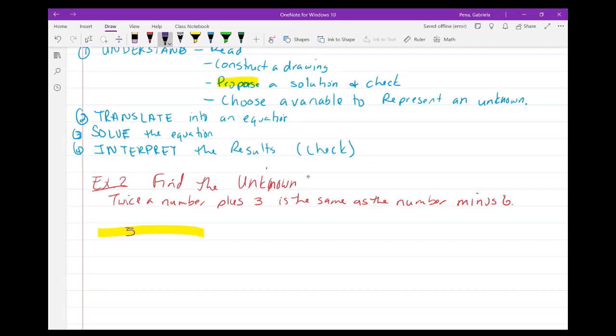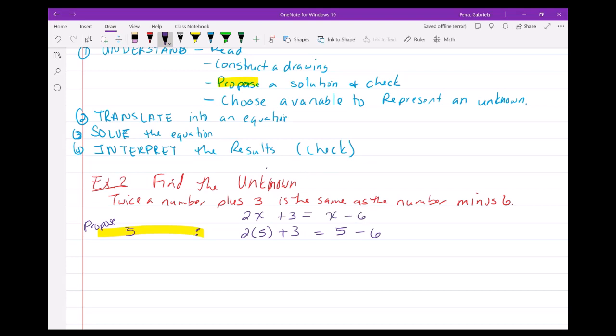Doesn't mean that this is correct. That means that twice a number, twice 5, plus 3 is the same thing as that 5 minus 6.